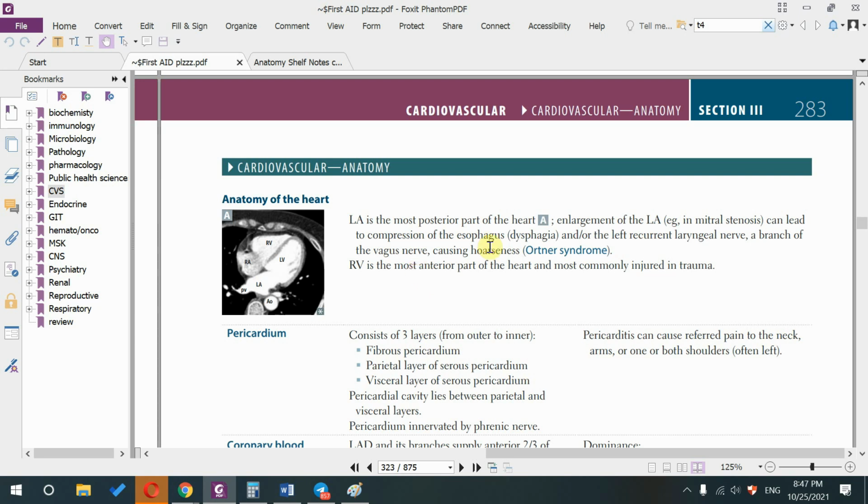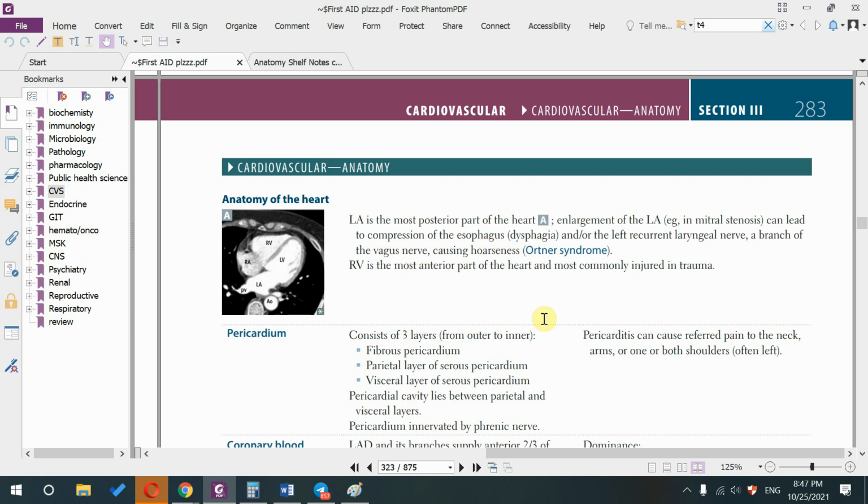If you injure 2 of them, you become mute. You cannot speak anymore. And we call that Ortner syndrome, the hoarseness, due to enlargement of the left atrium due to mitral stenosis. Mitral stenosis with enlargement of the left atrium can also precipitate atrial fibrillation. Good. Also pulmonary edema because the blood will be moving back.